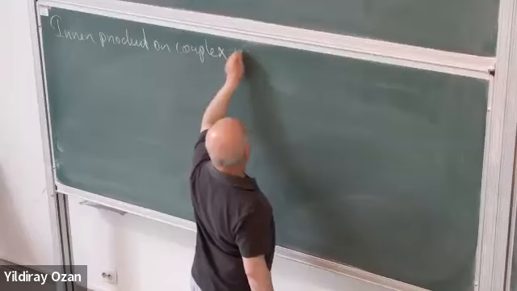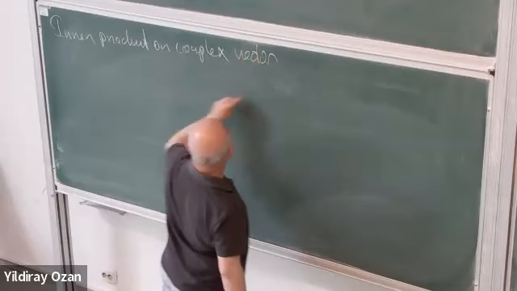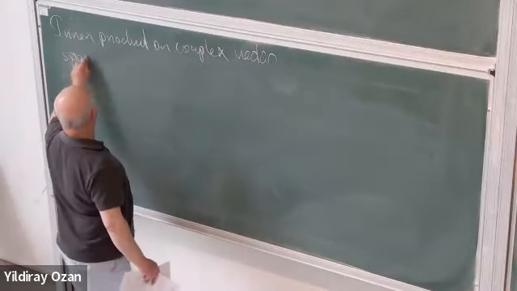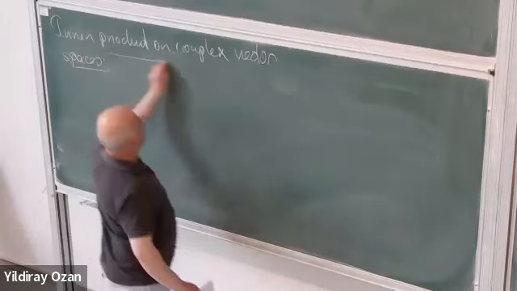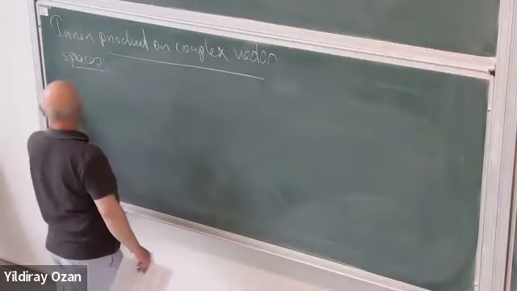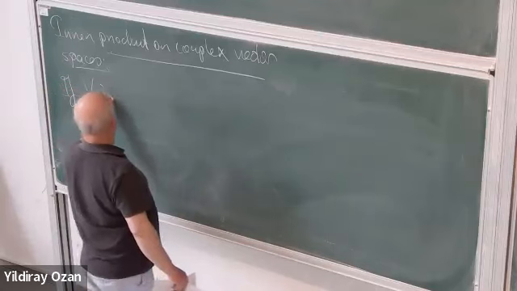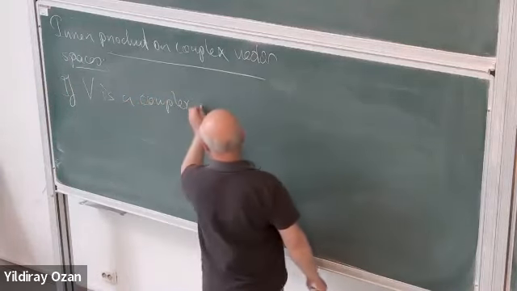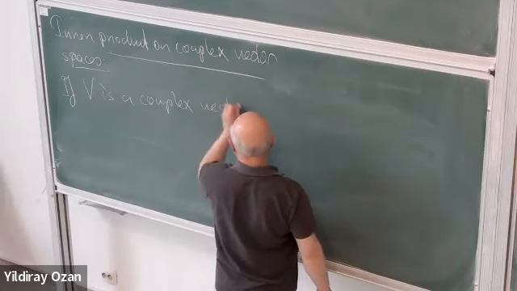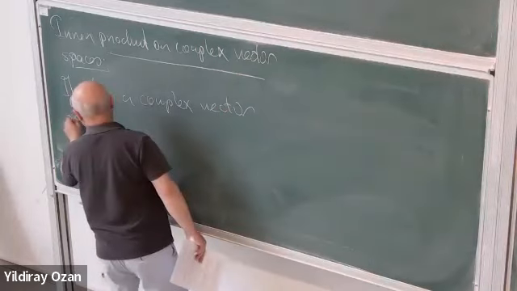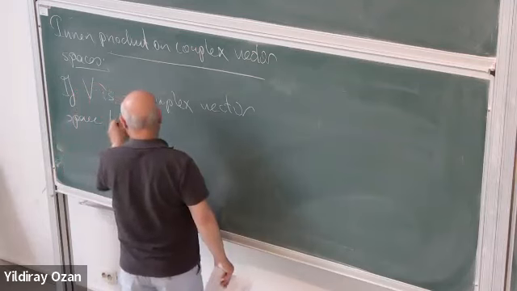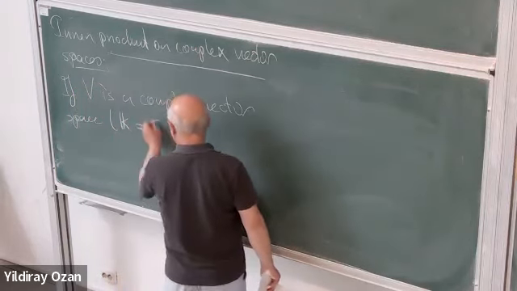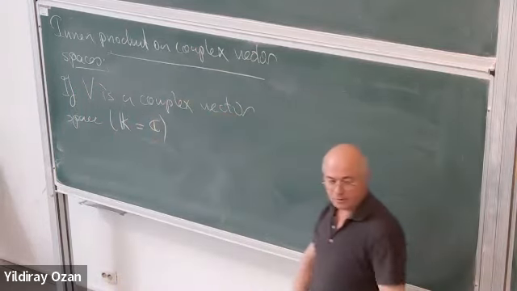Complex vector spaces. So, if there is a complex vector space, yani space. The field K is a set of complex numbers. Okay.